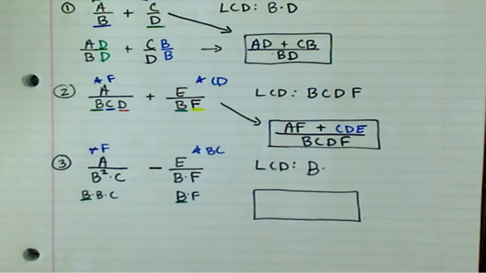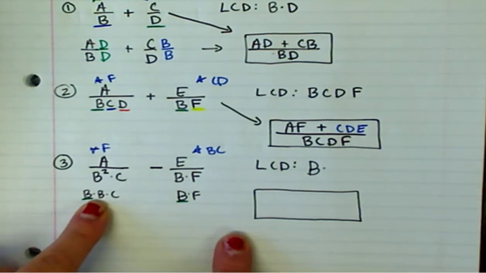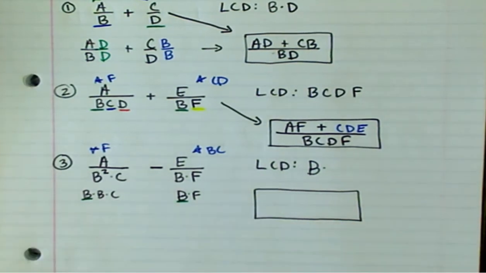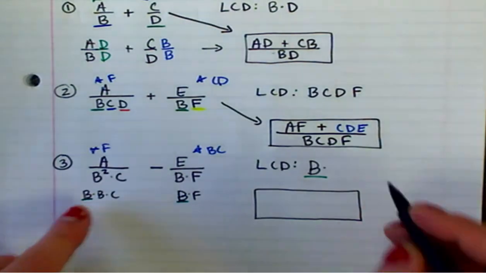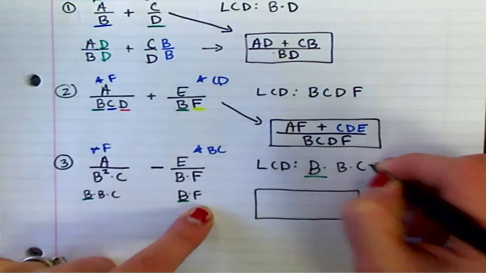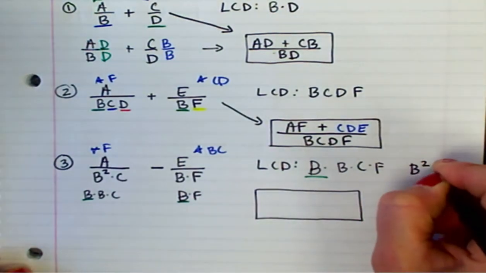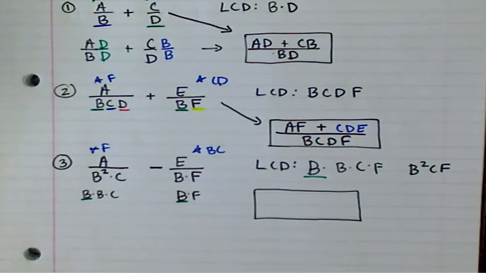And so when I look at my common denominator, it's B, BC, F. B is common. That's where this one comes in. Now I have to look at what was different. B, C, F. Notice that my common denominator is just B squared CF.